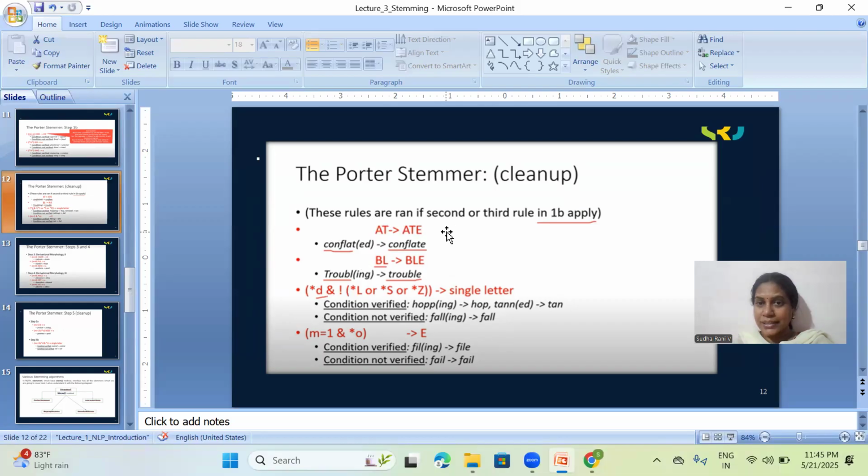AT is replaced with ATE: conflated tends to conflate. BL tends to BLE: troubling tends to trouble.